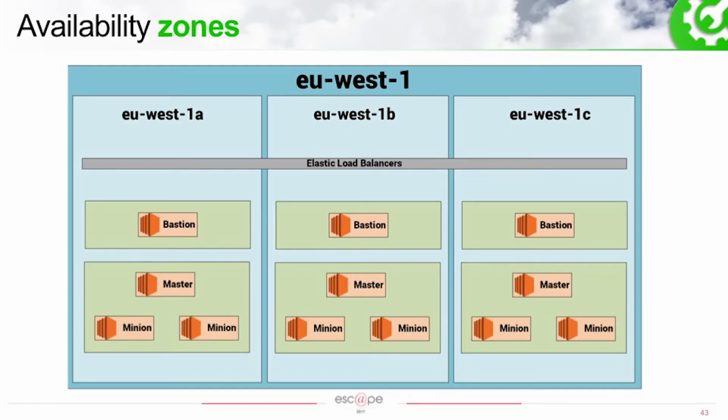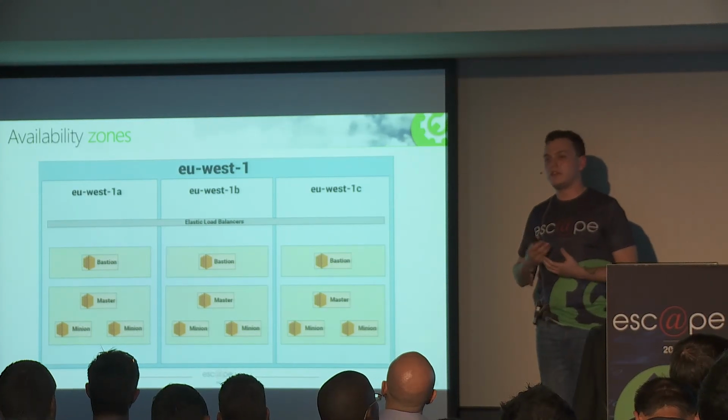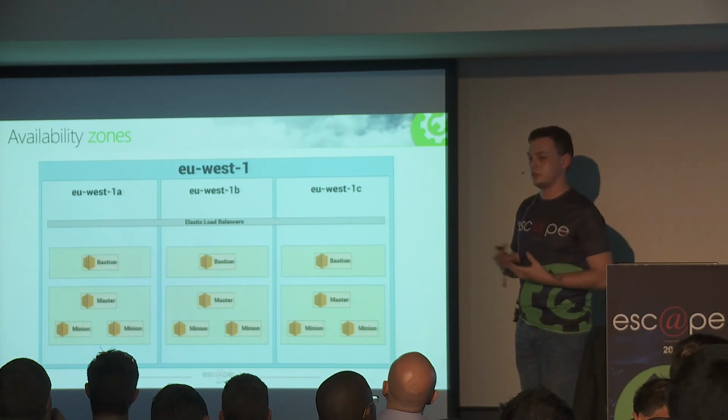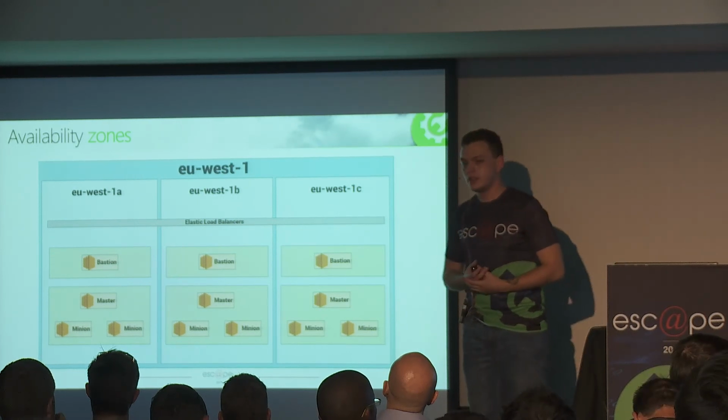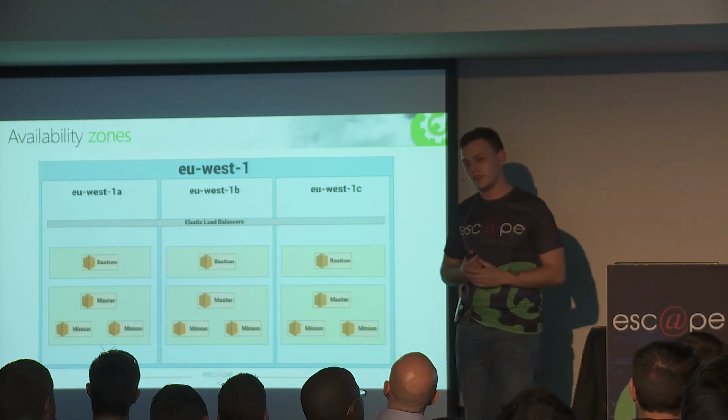So given this Kubernetes cluster that I've deployed into the AWS cloud, what would a typical topology look like? On screen, we have EU West 1, which is just synonymous with the Ireland region. And within that region, I have currently 3 availability zones.